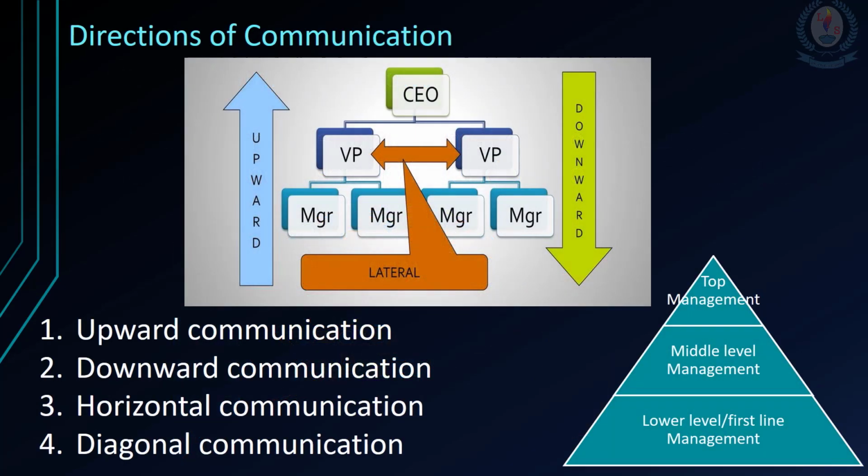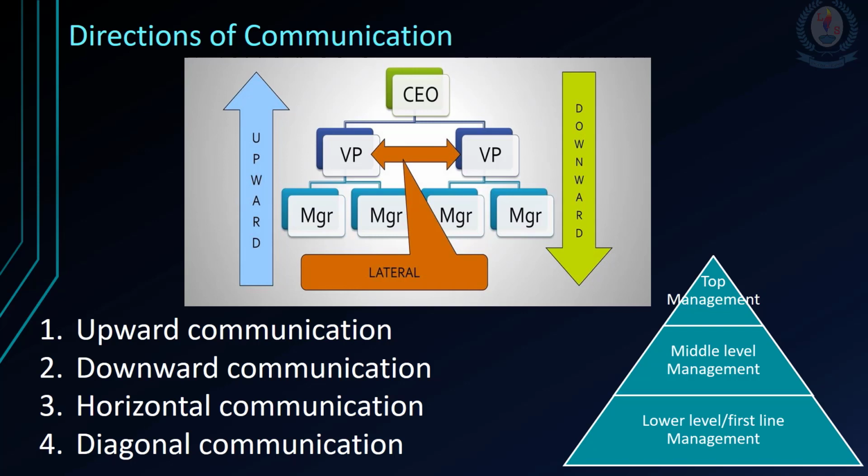Okay children, now you can see the directions of communication. First of all, see the triangle here. This triangle shows three levels of management. Each and every company has these three levels of management. They are top management, middle level management and lower level or first line management. Below the lower level management, laborers or employees are there.